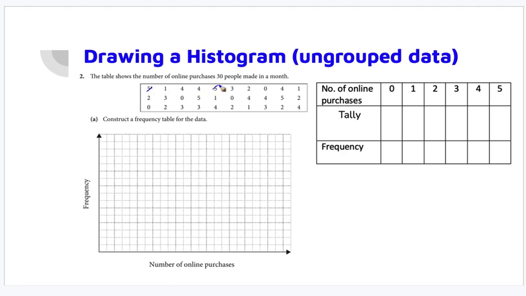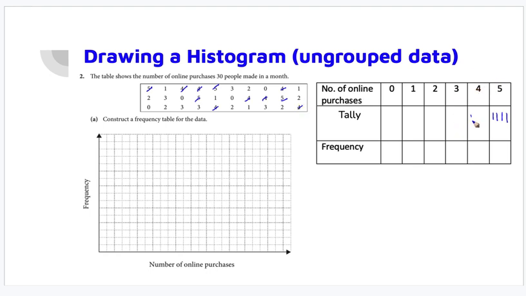1, 2, 3, 4. So we have 4 5s. And then for the 4s, we have 1, 2, 3, 4, 5, 6, 7.